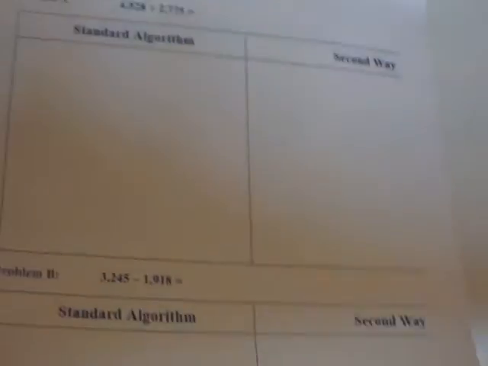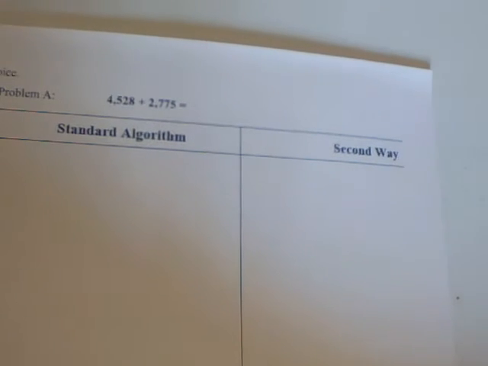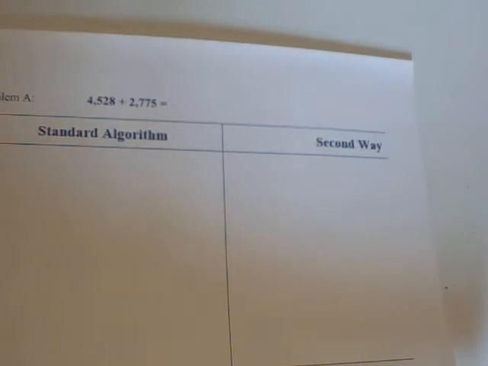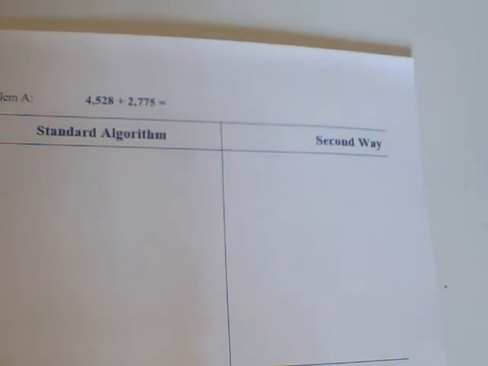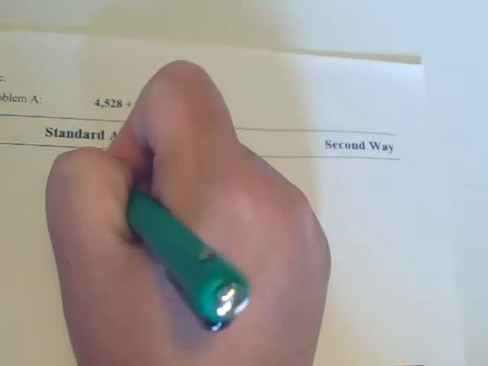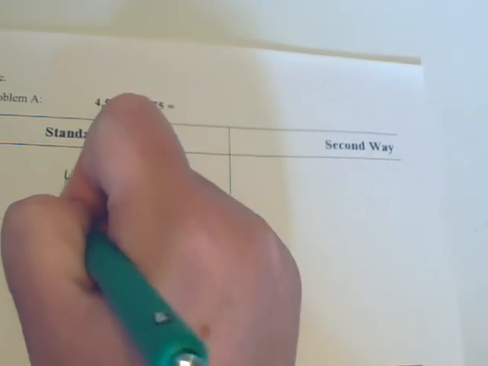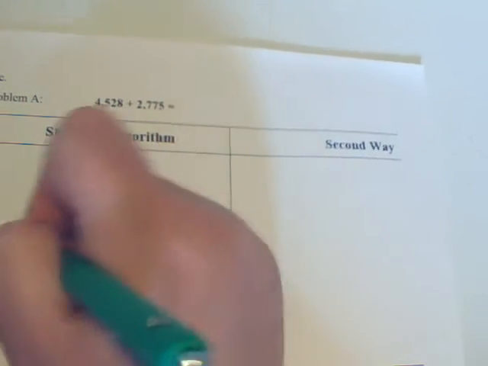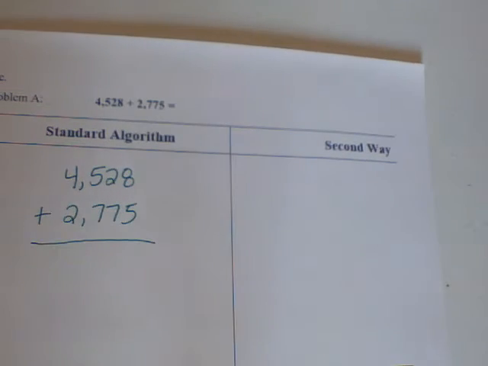You're going to get a problem that's like 4,528 plus 2,775. You're going to have to show me the standard algorithm way. And you're going to have to show me a different way of solving that number.